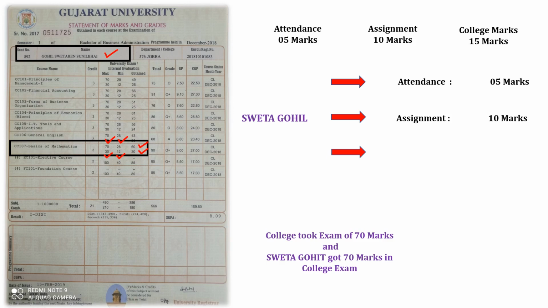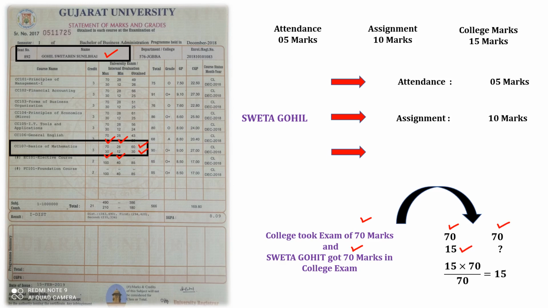So understand the criteria. The college may have taken an examination of 70 marks and she got 70 out of 70 in the college examination. So if we use basic mathematics, out of 70 the student got 70, so how much does the student get out of 15? The normal formula will be 15 into 70 whole upon 70, and the answer is 15.